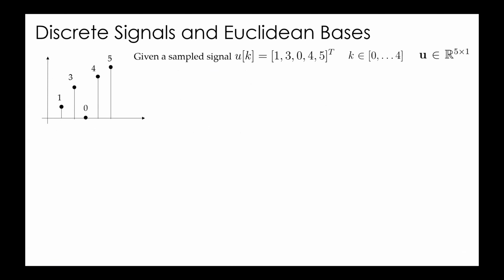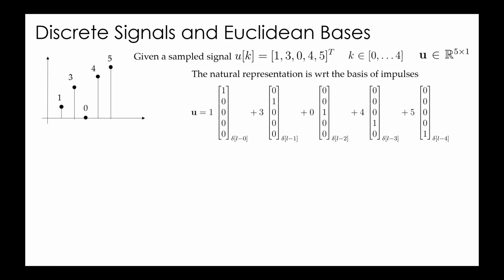The first thing that I would like you to keep in mind is the way I would like you to look at signals. Let's say you have a signal that for us is a vector that contains some numbers that you have sampled, for example, from your measurement or from your simulation. The very moment you write that signal in that way, you are already implying the idea of an underlying basis.